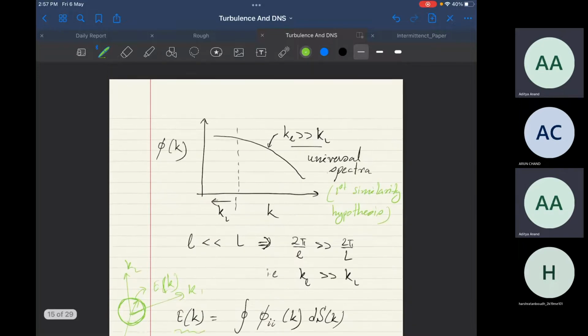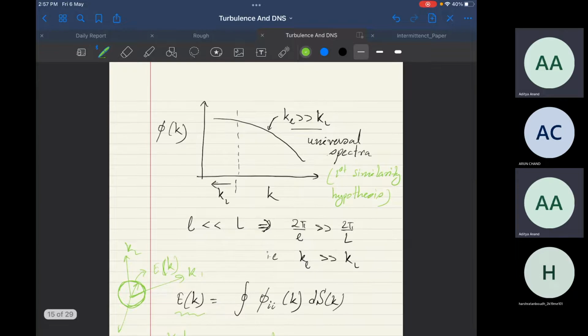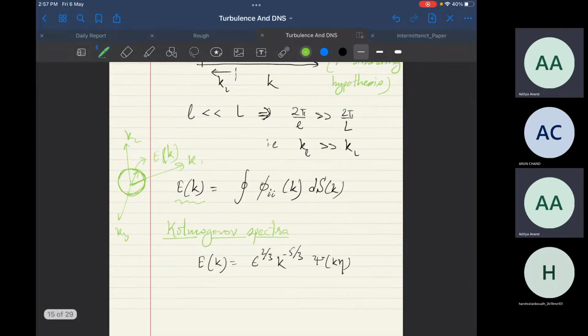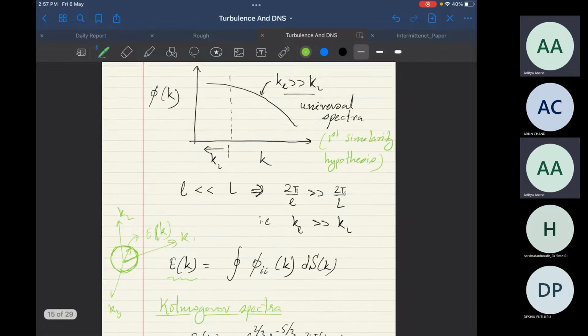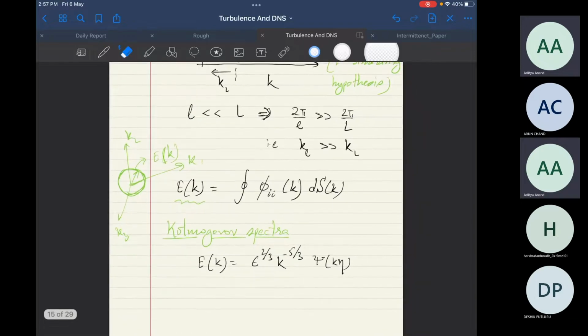Now Kolmogorov said that we'll get a universal spectra which depends only on epsilon and nu. So he derived an expression for E(k) which depends on epsilon, and the dependence on nu is through eta in this function psi of k eta.